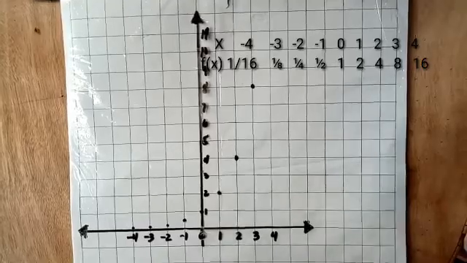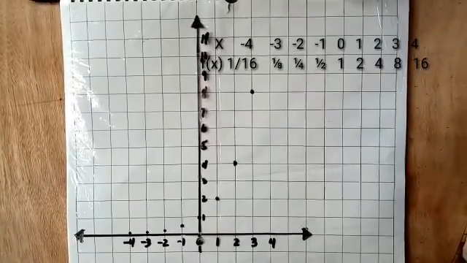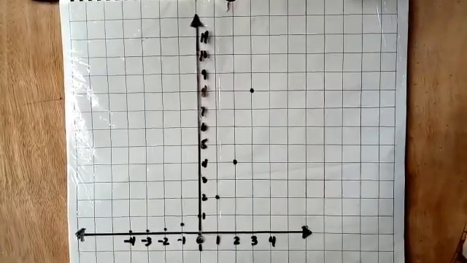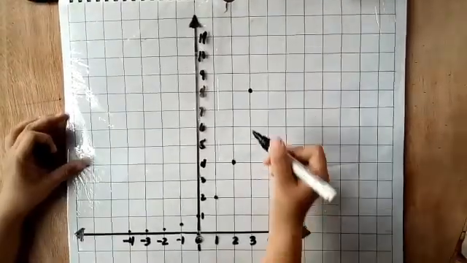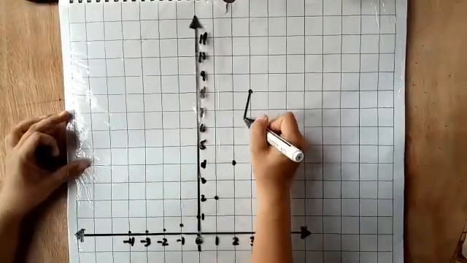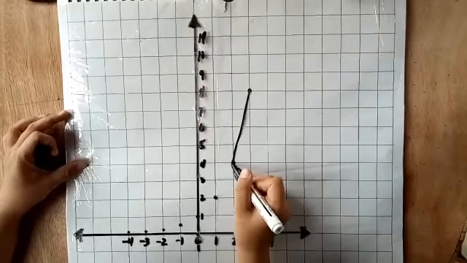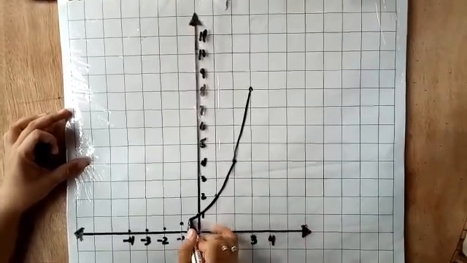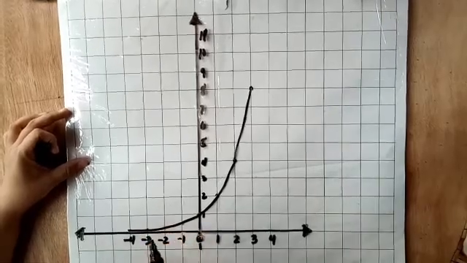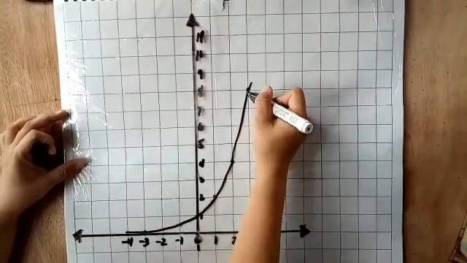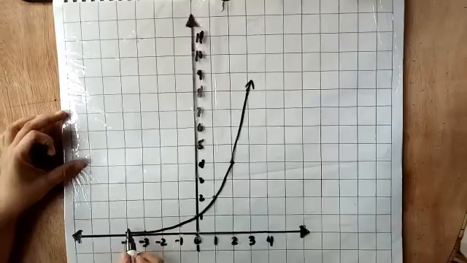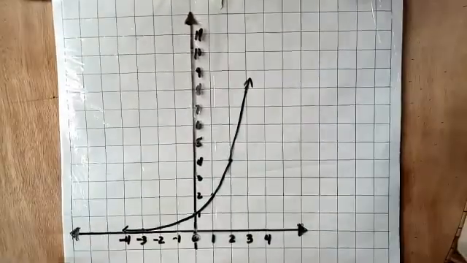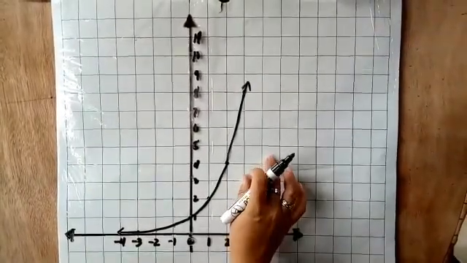So next is we will connect those points with a smooth curve. Like this. The smooth curve will look like this.